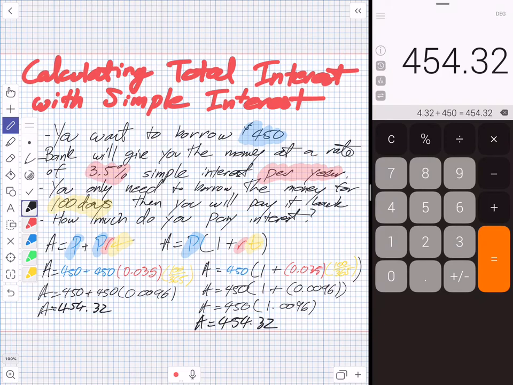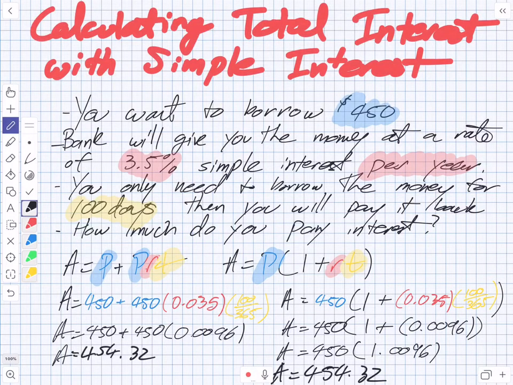But the real question asked is, how much interest did you pay? How would I calculate how much interest I paid? What did we start with? How much did I originally borrow? $450. So now I've got to pay them back $454.